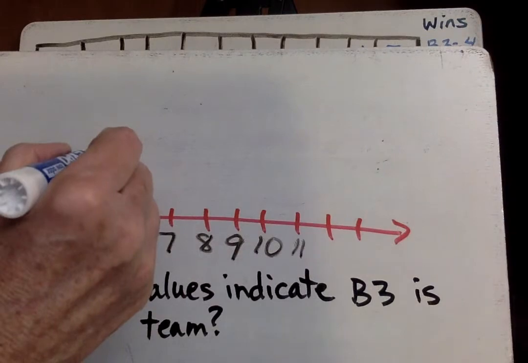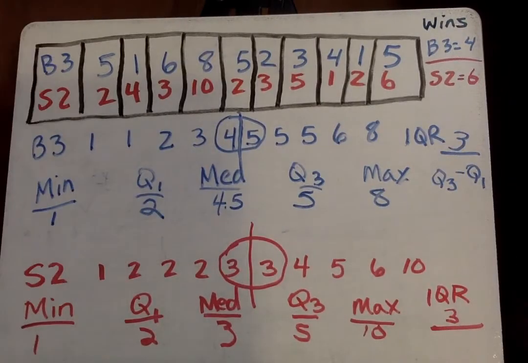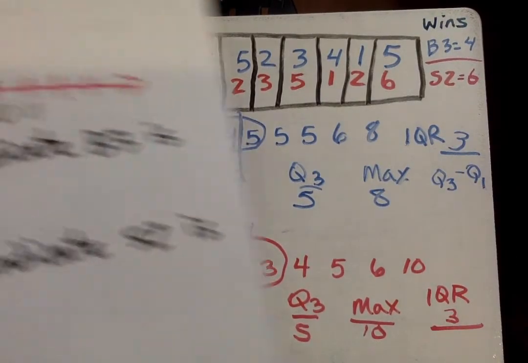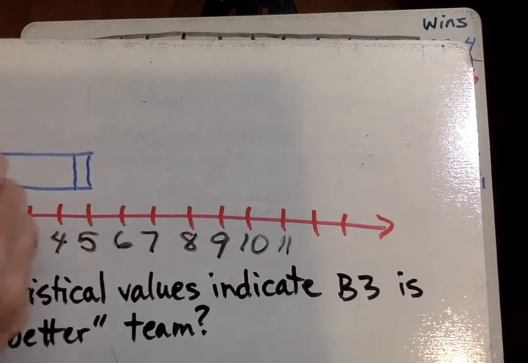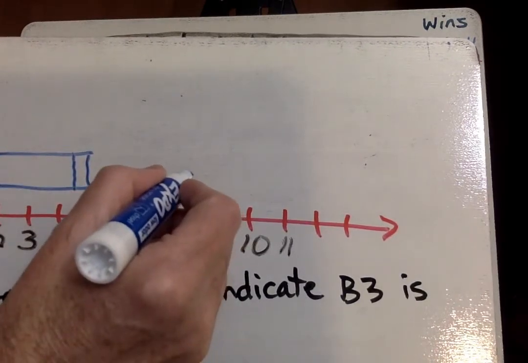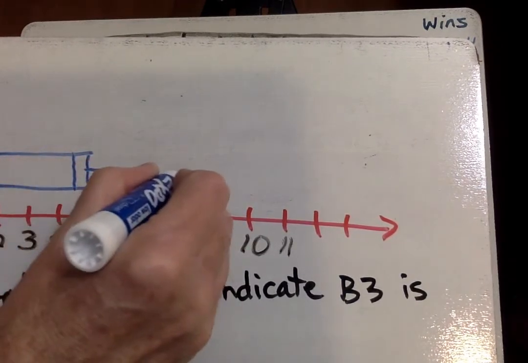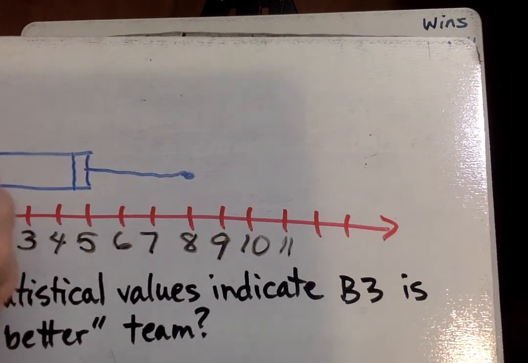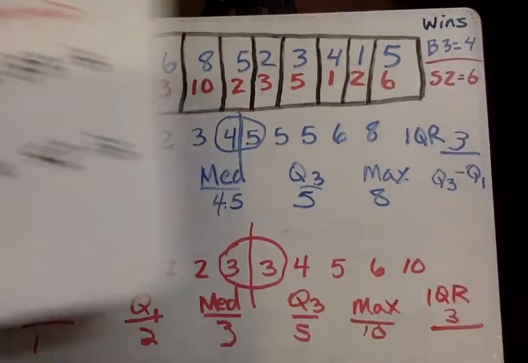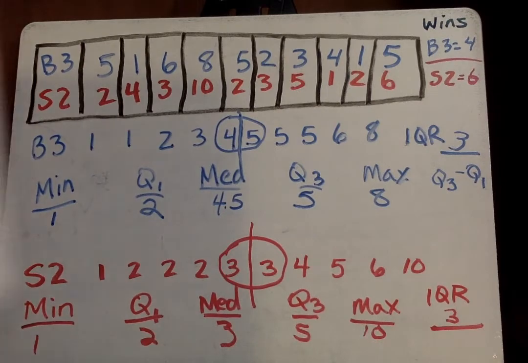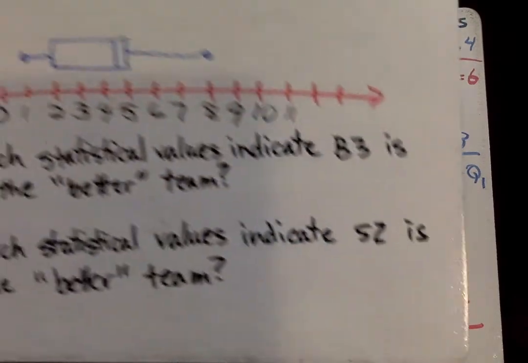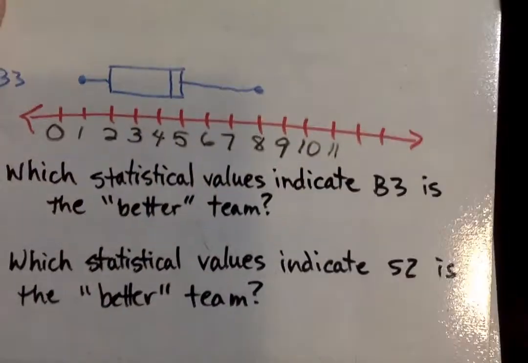Median is 4.5. And then our whisker is going to go out to 8 and 1. Okay, and there's our data for B3. I'm trying to color coordinate them if you couldn't tell.